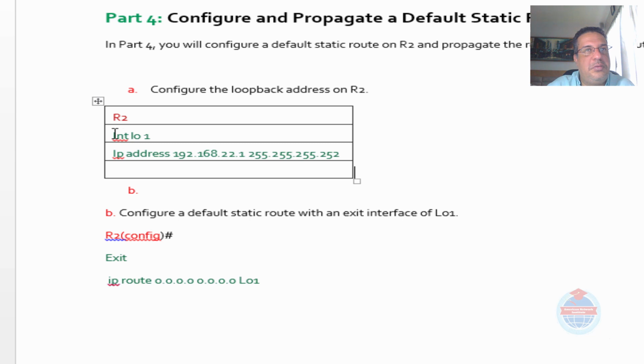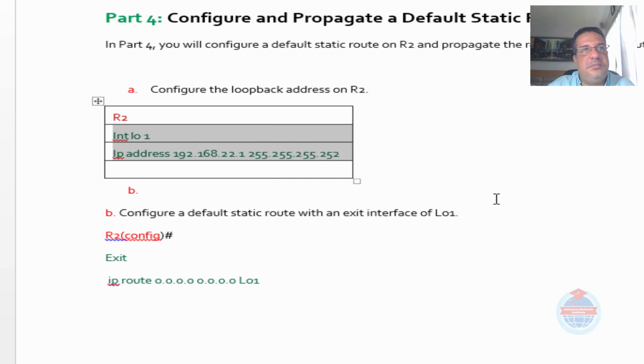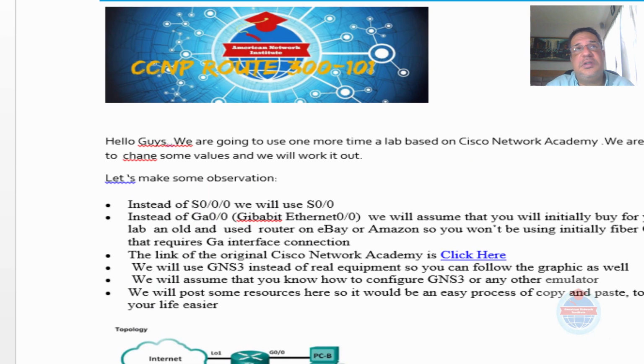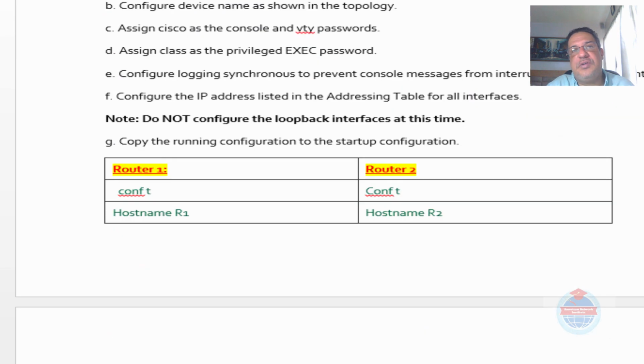So, to configure the loopback address, remember that we see over here there is only one loopback address, one that you could see over here. It doesn't have all these loopbacks. On R2 we only have one loopback address, Loopback 1.